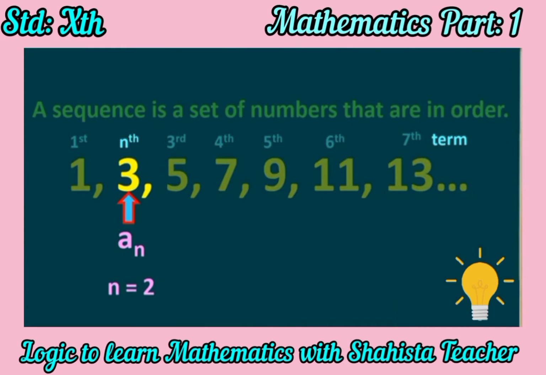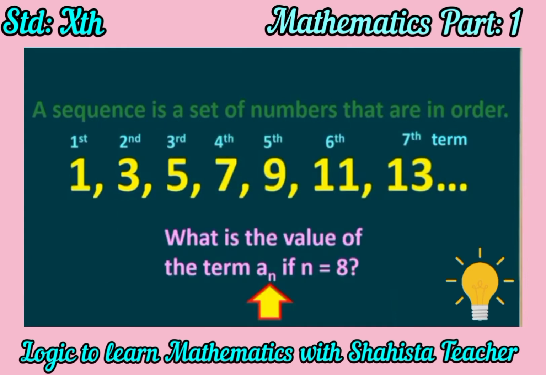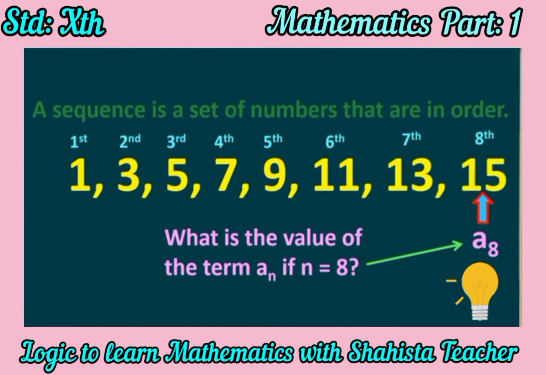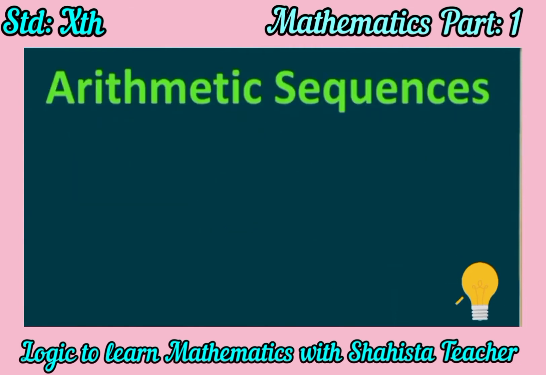So what is the value of the term A7? It is 13. After that we get 15 at the 8th position. What is the value of the term An if n is equal to 8? Like this, we have to tell the sequence.